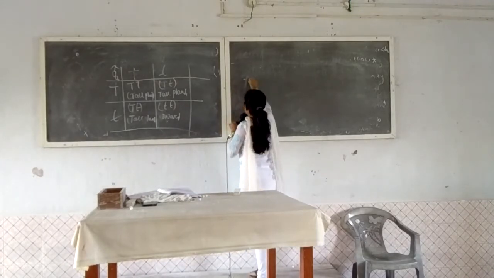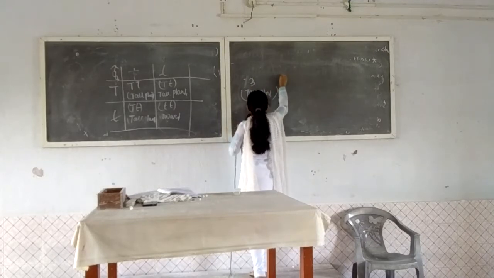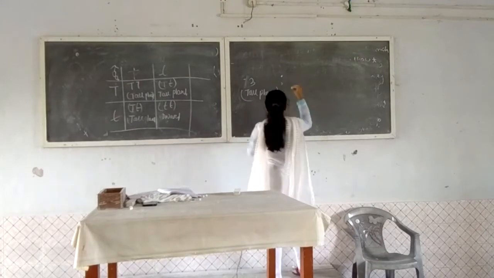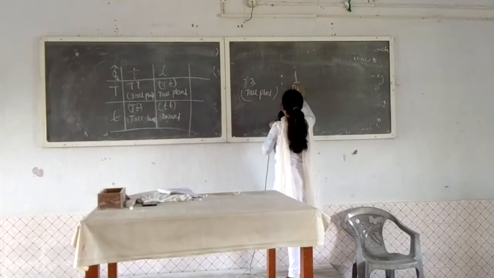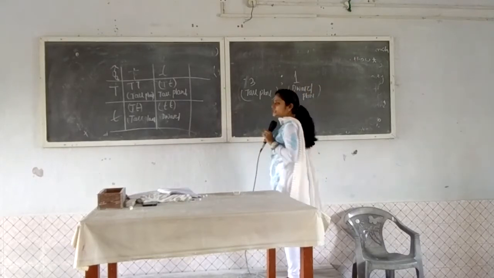Three tall plants to one dwarf plant. Three is to one ratio.